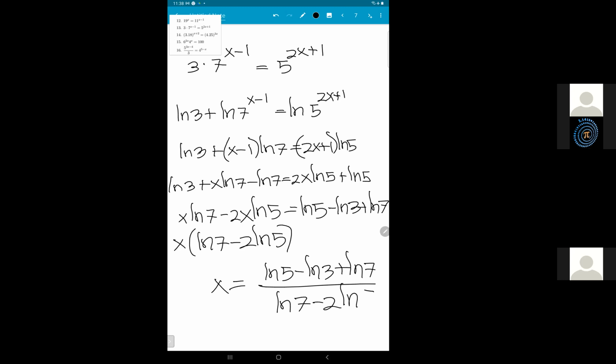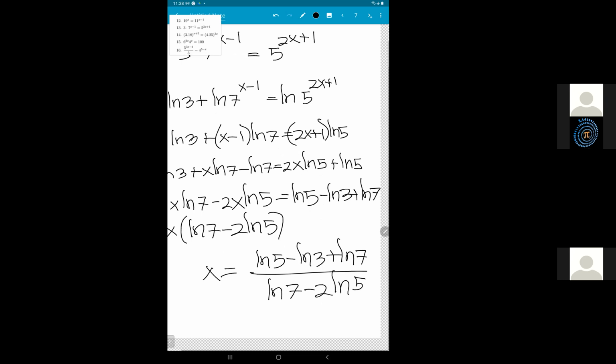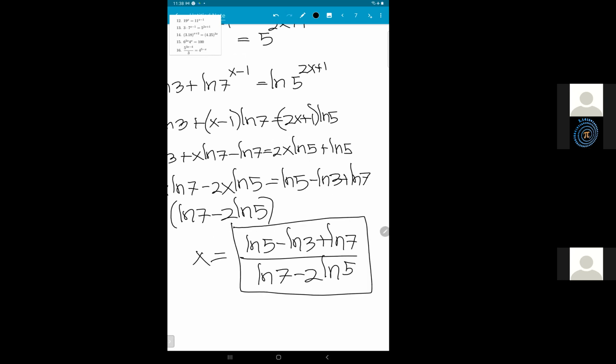Now, if you are required to give a numerical answer, you have to press these values into your calculator and give the answer to the required number of decimal places. But if not, you may be required to either input that or choose among the choices. It is a multiple choice format type of question.